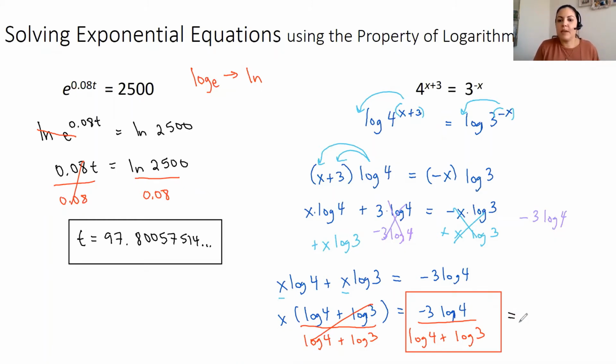For the approximate answer, when you're typing this in your calculator, just be careful. I'm doing negative 3 log 4 divided by, and then I want to put this entire expression in parentheses, just so my calculator knows that that's the entire denominator of the fraction. So I'm doing parentheses, log 4 plus log 3, close that parentheses, and then I have parentheses within parentheses. I can kind of show you what that looks like.